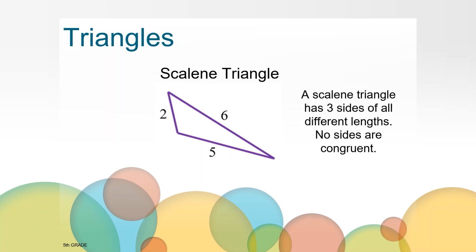In this triangle, the three line segments measure 2 units, 5 units, and 6 units. This triangle is called a scalene triangle because none of its sides are the same length.